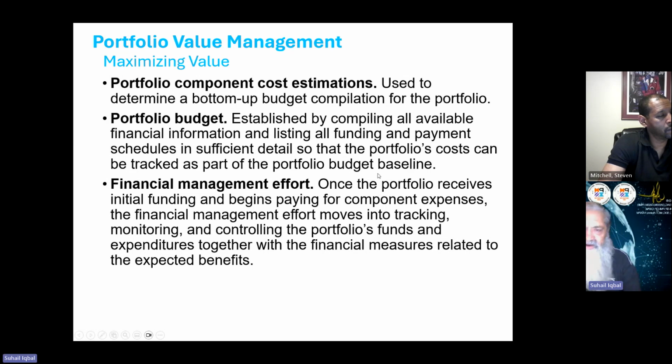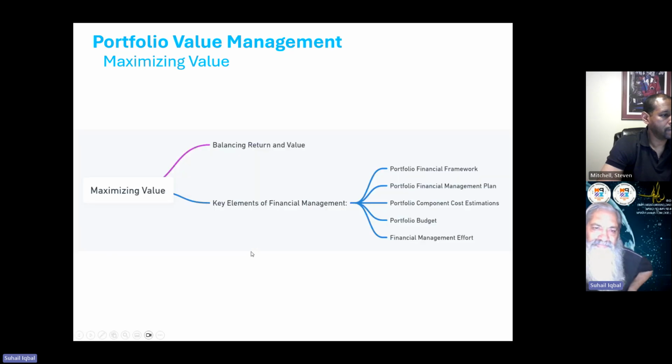I hope you understand how much money is to be allocated where and when, and how this all schedule has been created. And for financial management efforts, once the portfolio receives its initial funding and begins paying for component expenses, the financial management effort moves into tracking, monitoring, and controlling. So this is basically the execution of the financial management plan.